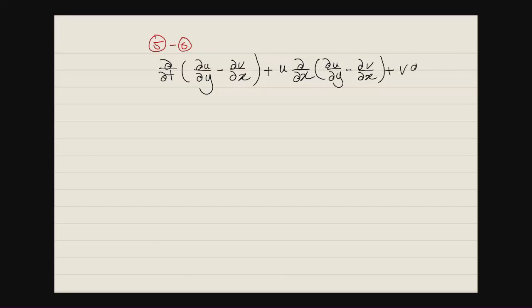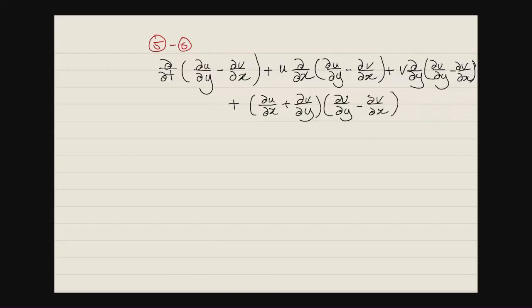Plus v del over del y, and that's going to give me, in brackets, del u over del y minus del v over del x again. Plus del u over del x plus del v over del y, times del u over del y minus del v over del x. And that's going to be equal to 0.